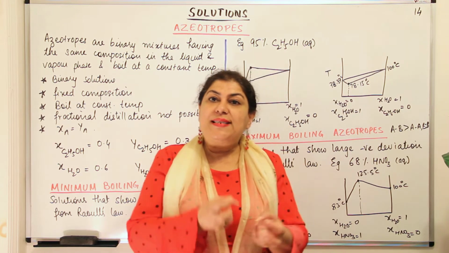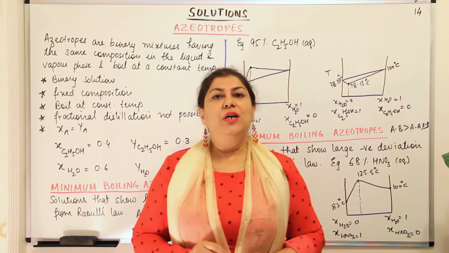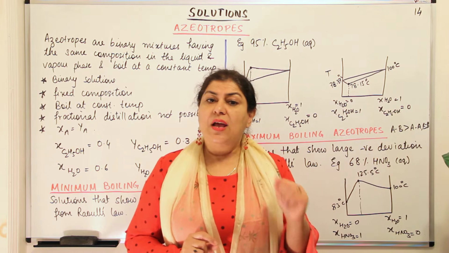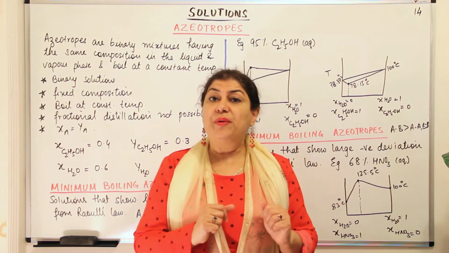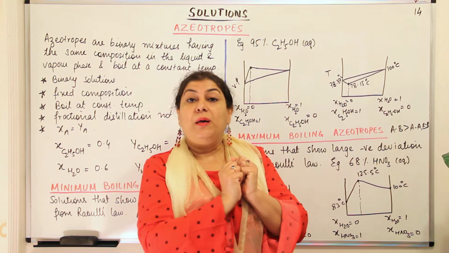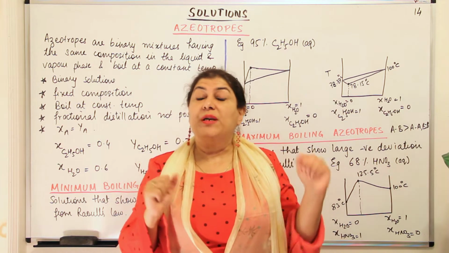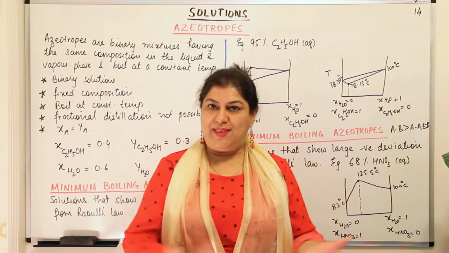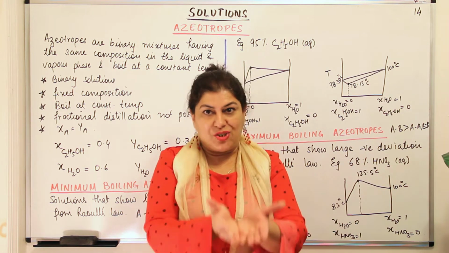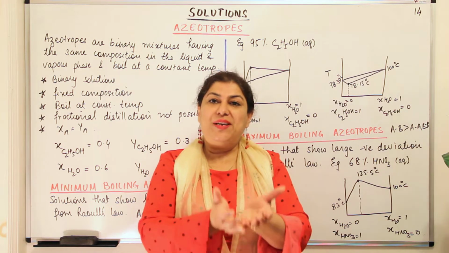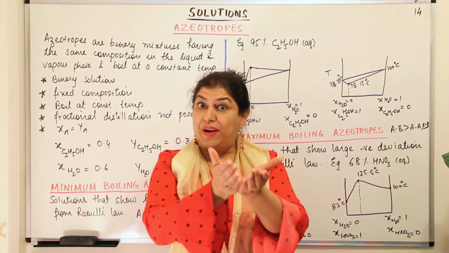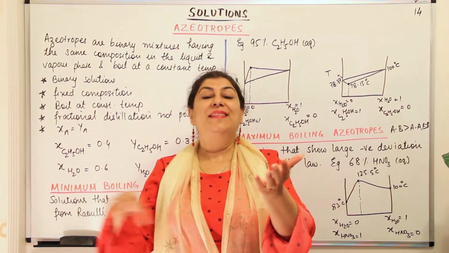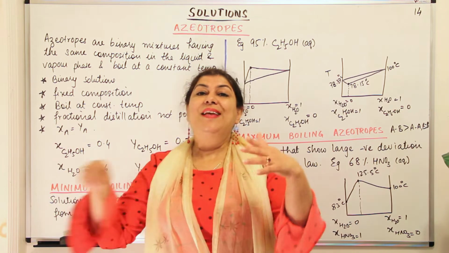When both the components start boiling together, do you remember you had studied fractional distillation of petroleum in lower classes? What do we do in fractional distillation of petroleum? When we get petroleum from the earth, the various components have different boiling point ranges. So we vaporize the entire petroleum and the vapors start rising, and as the temperature of the rising vapors lowers, the fractions liquefy and are distilled out.